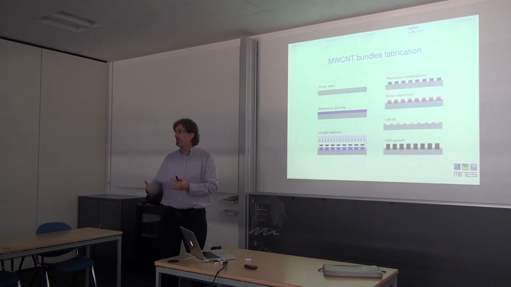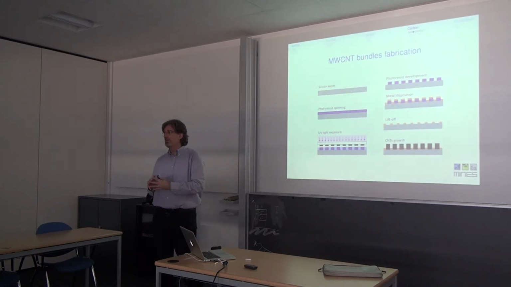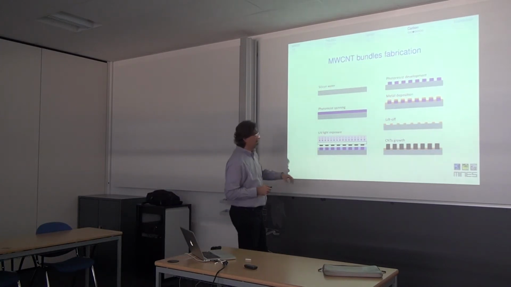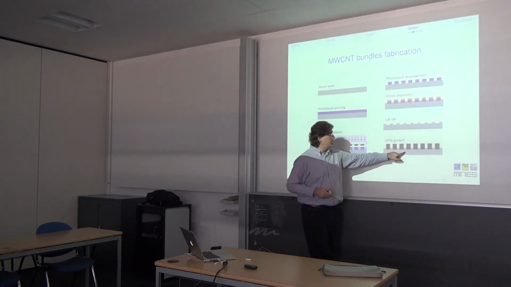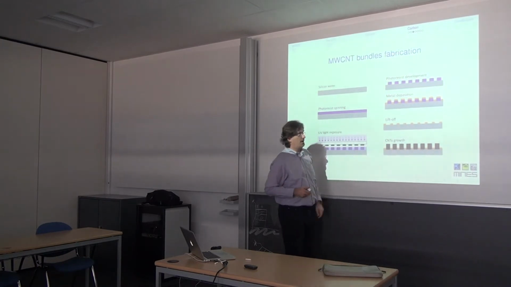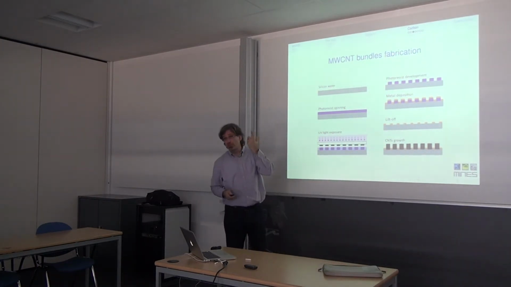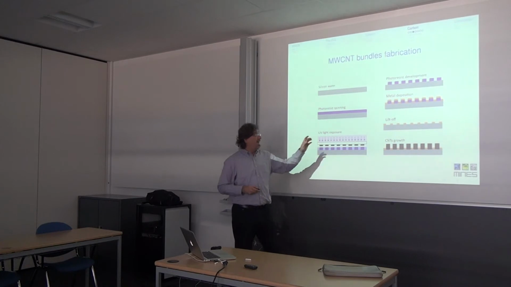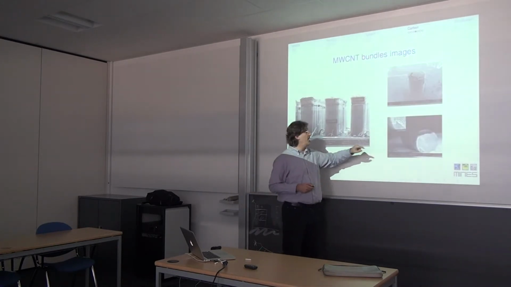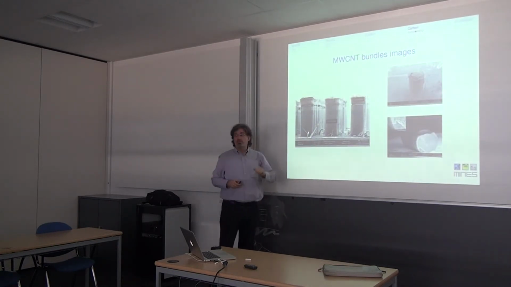From which to extract carbon, they use camphor, normal camphor that you can buy in the supermarket. So they had as goal to produce a very low cost process. And so they grow these bundles of carbon nanotubes attached on the surface as in this picture.